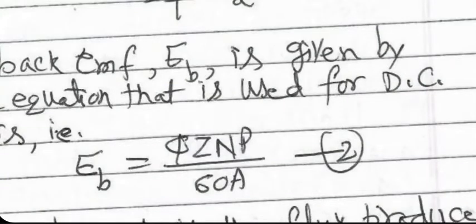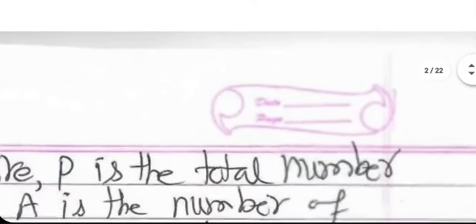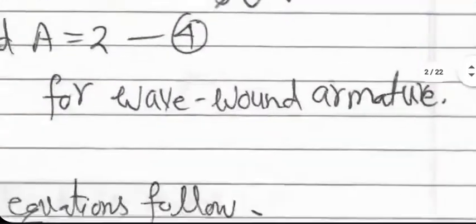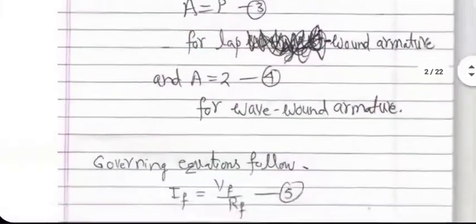When motor has not started, you have just applied the voltage and motor is not rotating at all. Capital N will be 0 in the beginning. So EB will be 0. Now, if EB is 0, you have a dangerous situation. Why?